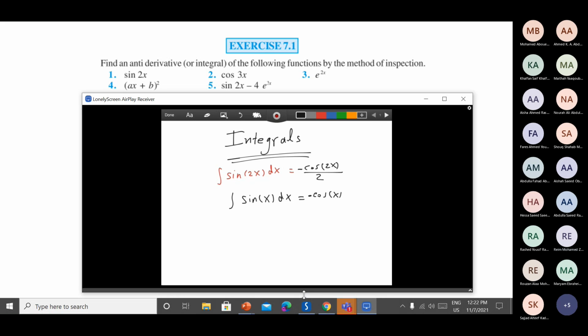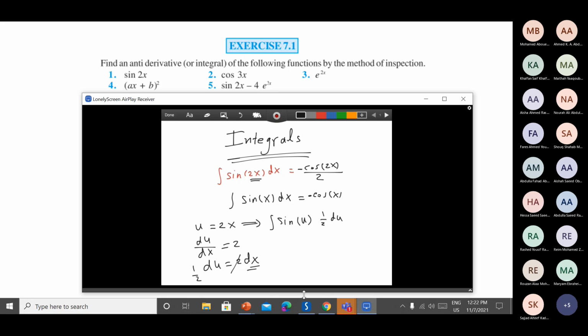So when I have 2x, I make a substitution. If I call u equal to 2x, so I will have sine u, and for dx, du by dx equals 2. So du will equal 2 dx. I have only dx, so dx will be half du, right? So this one will be half du.